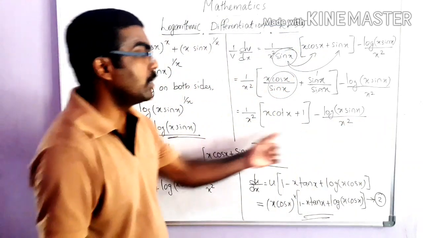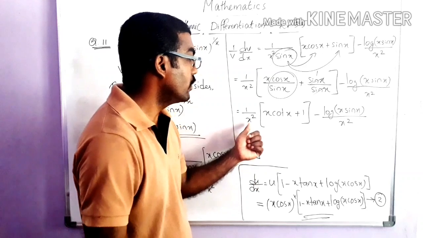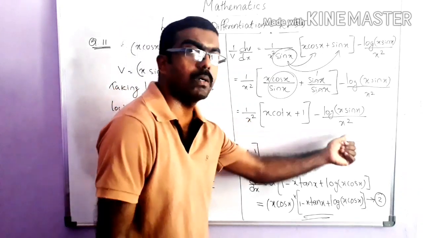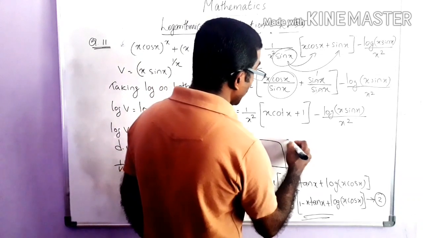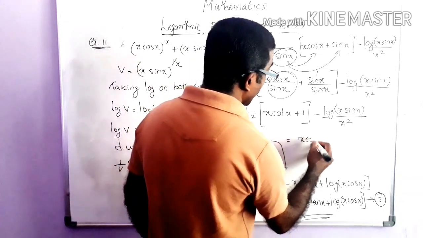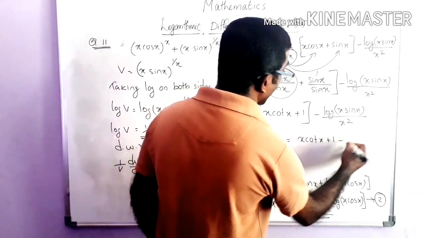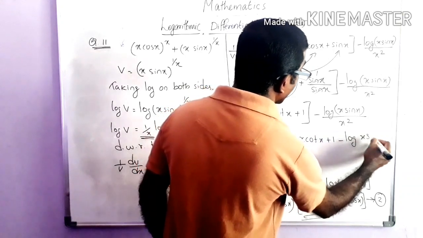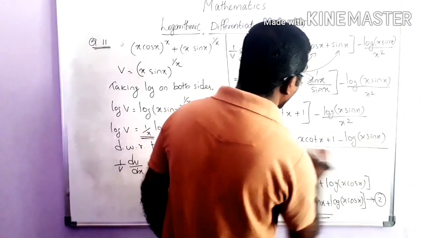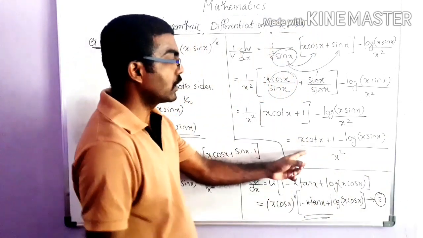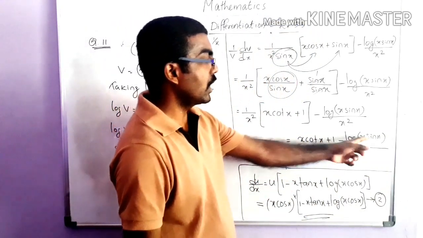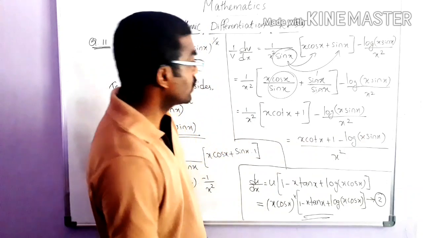So here in first term and second term the denominators are same. Here x square, here also x square. So we can write which is equal to x cot x plus 1 minus log x sin x whole divided by what? X square.